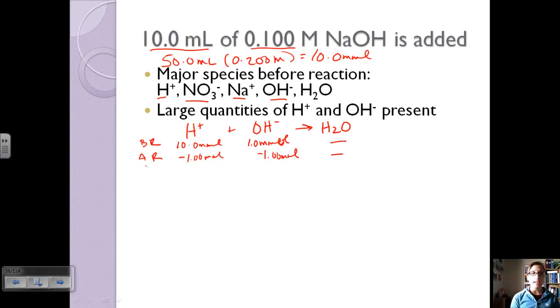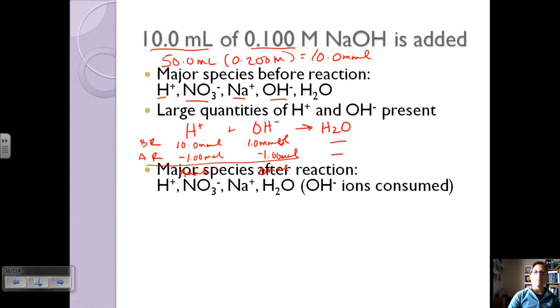And so if we look at what happens after the reaction, we're left with 9 millimoles of H+ and no millimoles of the OH-. We don't have any OH- left because we consumed it all. So we just have our H+, our NO3-, our Na+, and our water.